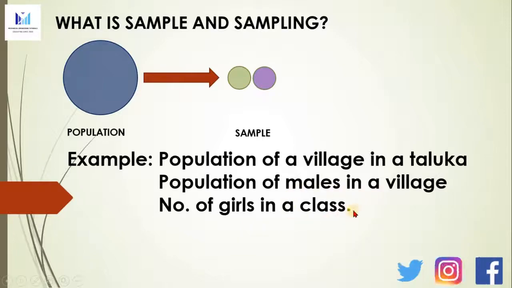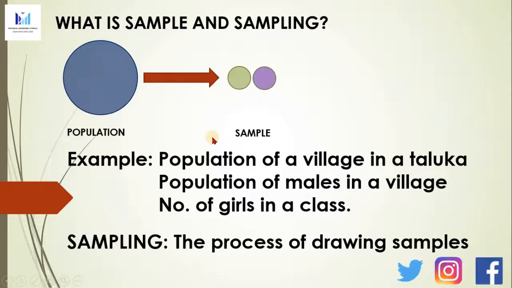If I take the total strength of the class, the number of girls in the class will be a sample. Likewise, if you are taking a small selection from a larger group, we call it a sample. And the process of drawing a sample is called sampling. So this is about sample and sampling.